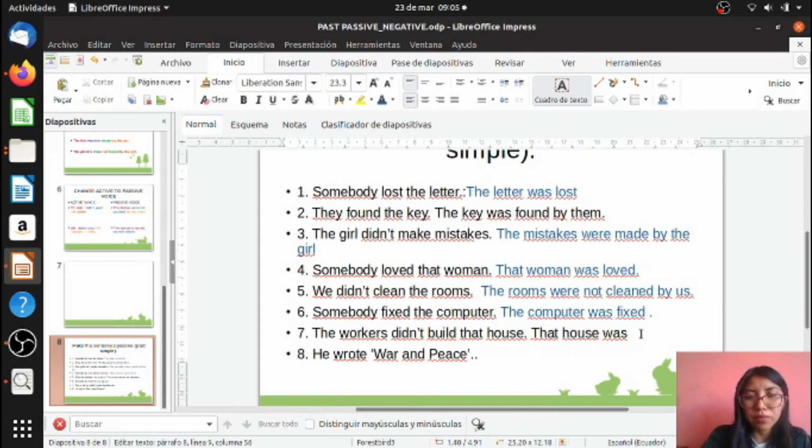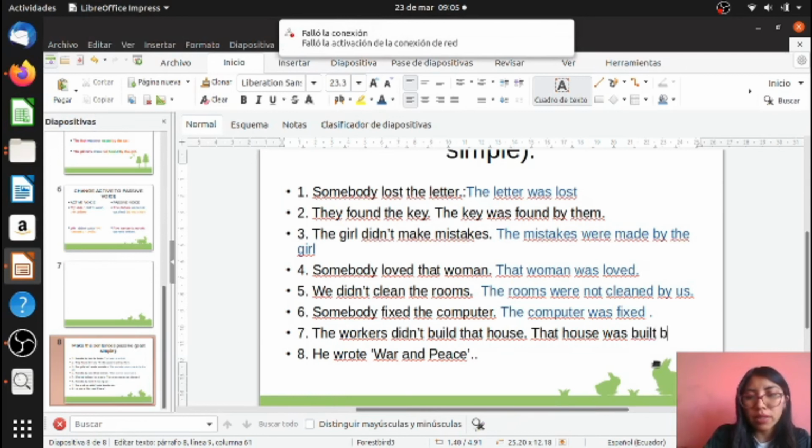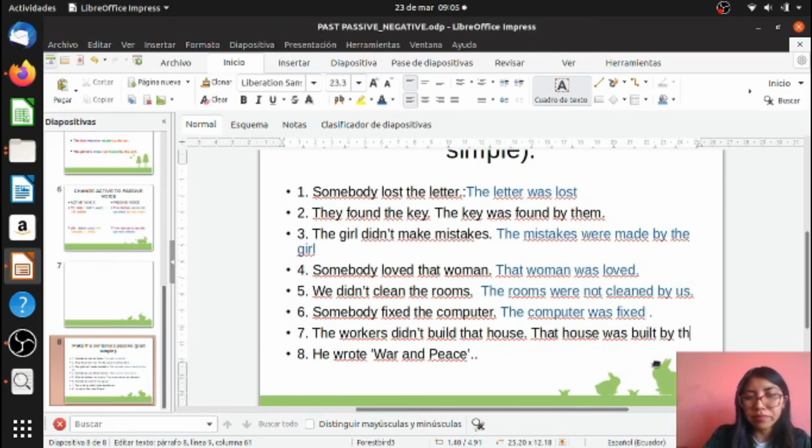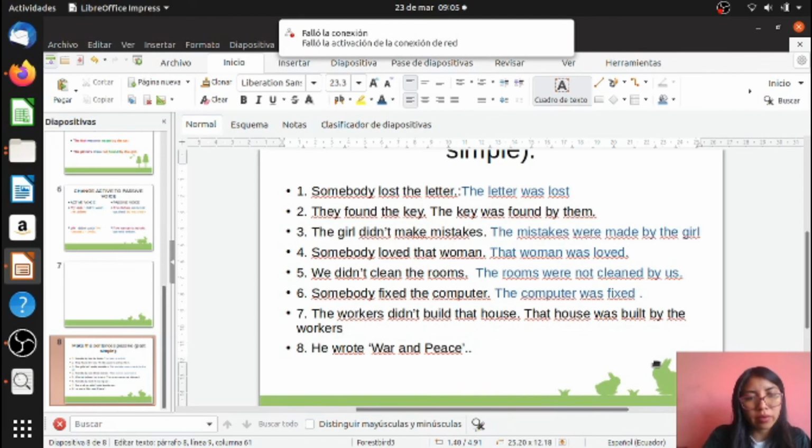Look in your book. That house was, right, built. That is the past participle form. Built by the workers. Okay? You only have to change the order and use the auxiliary verb, was, and the verb in past participle.